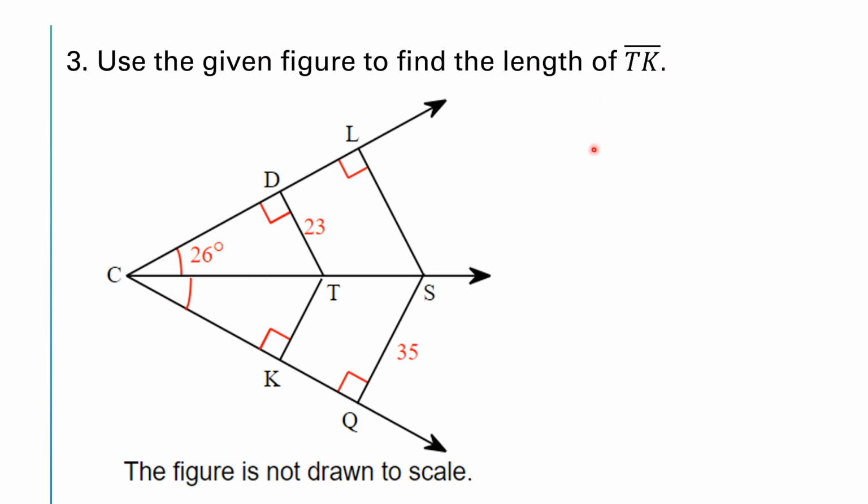All right, we are asked to find the length of TK. So there's TK. And you can imagine that since this is split in half, this is kind of creating a mirror image of itself. You could fold it in half across the line CS, and it would be a mirror image on both sides. So TK is going to match up with TD.